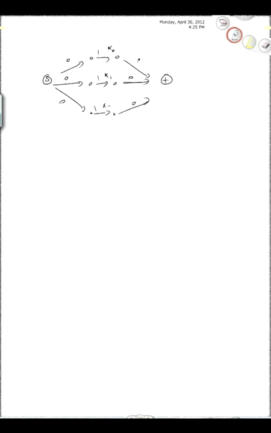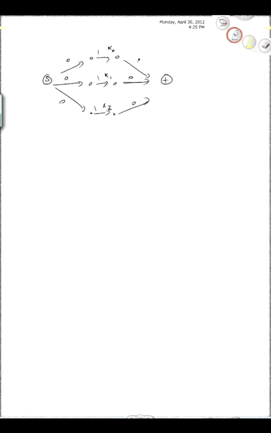So let's consider a particular graph here. I have two nodes S and T, and I have 3 bridges between them. So let's say the costs over here are 0. The costs on these bridges are 1. And we can choose which bridge to attack.